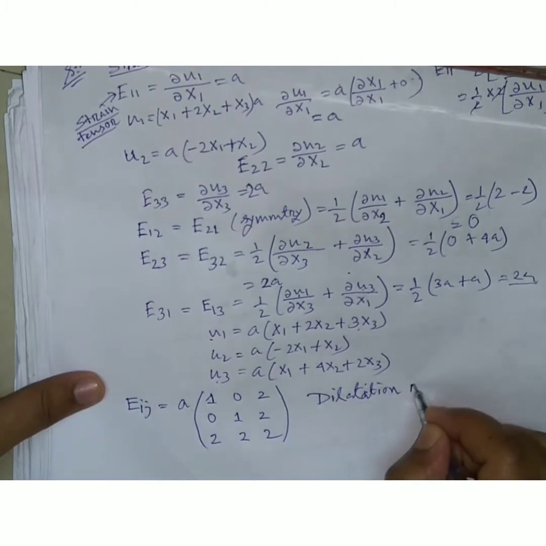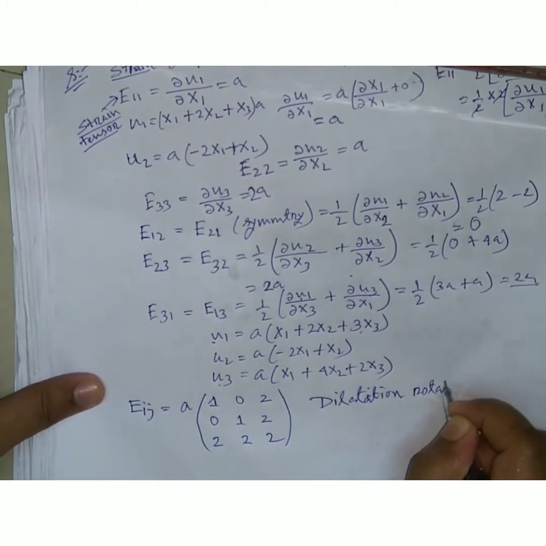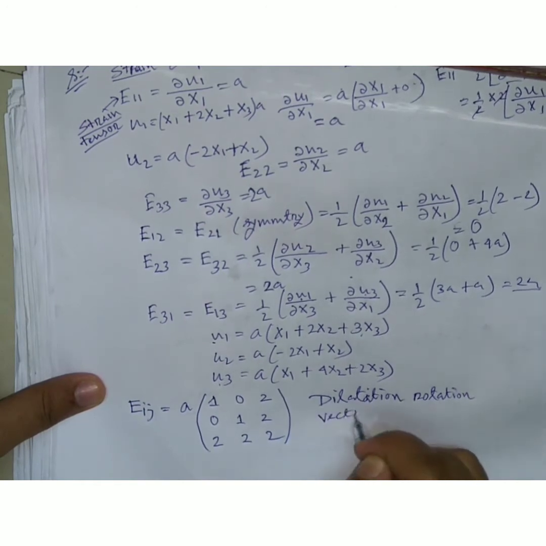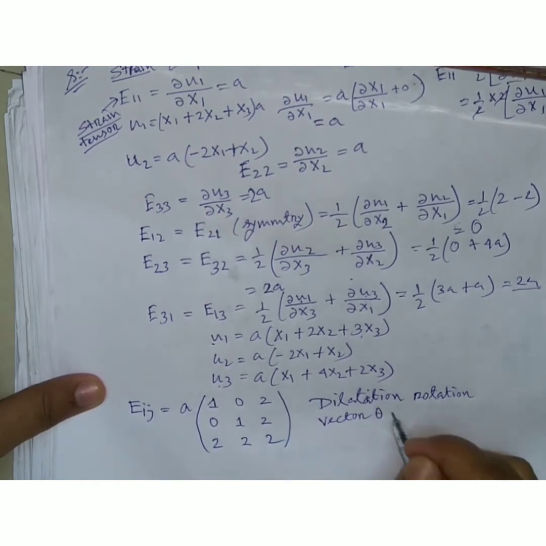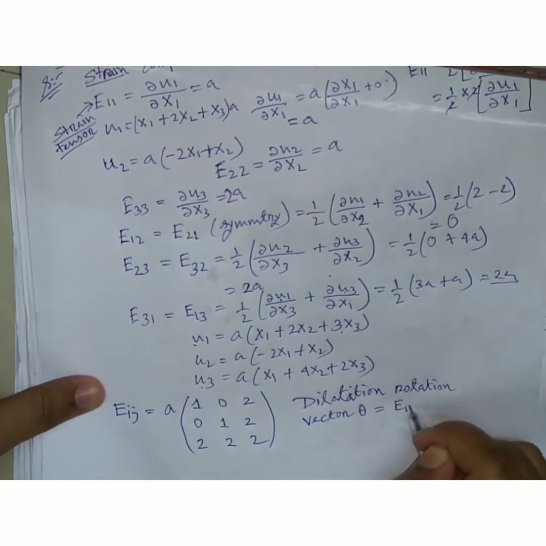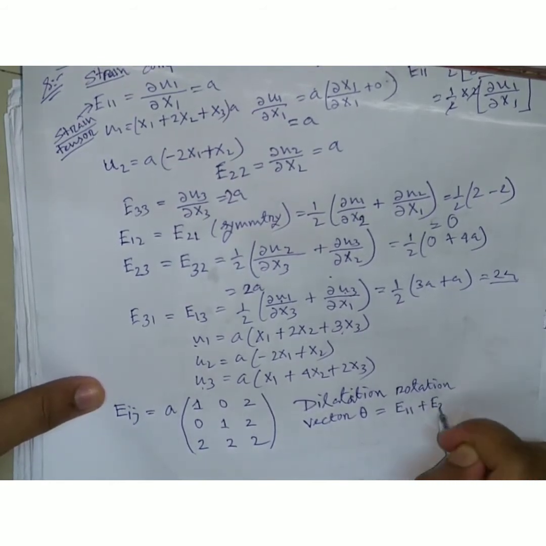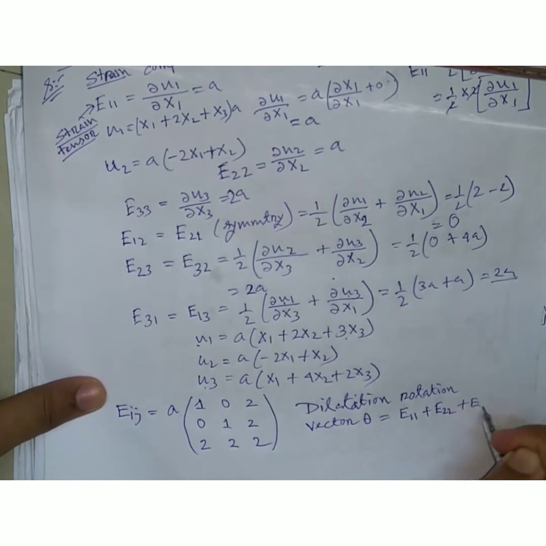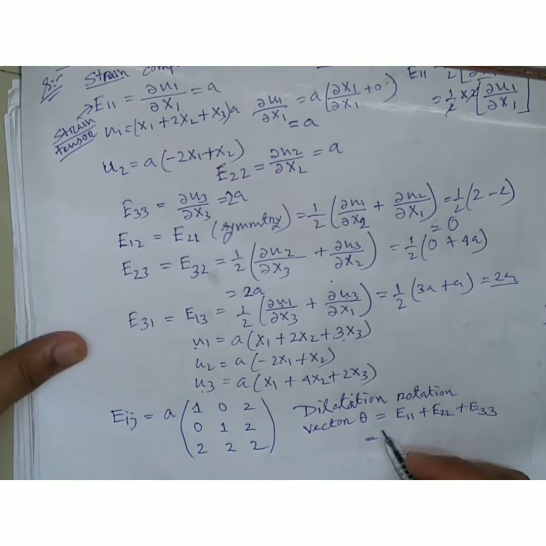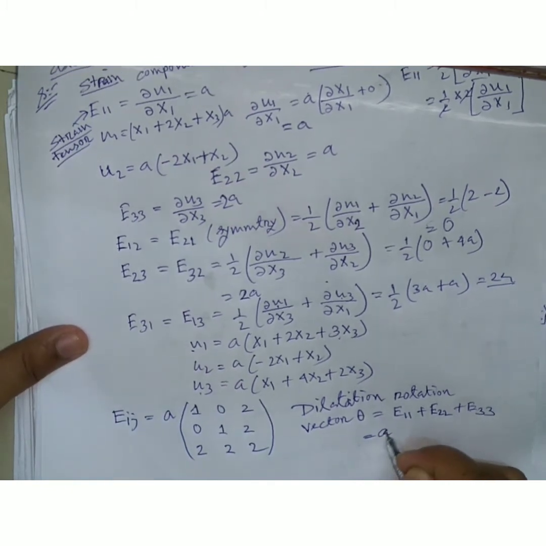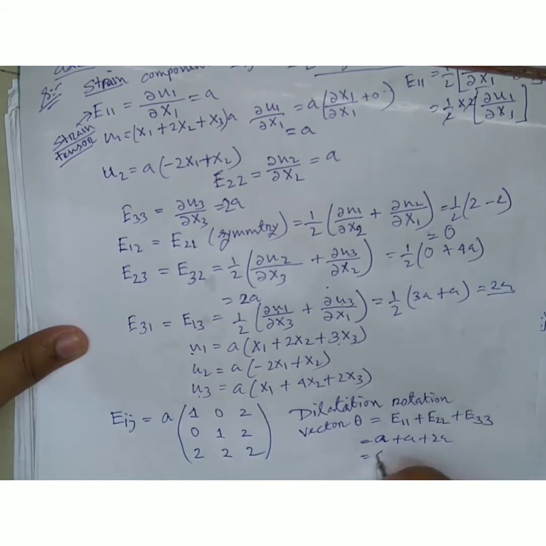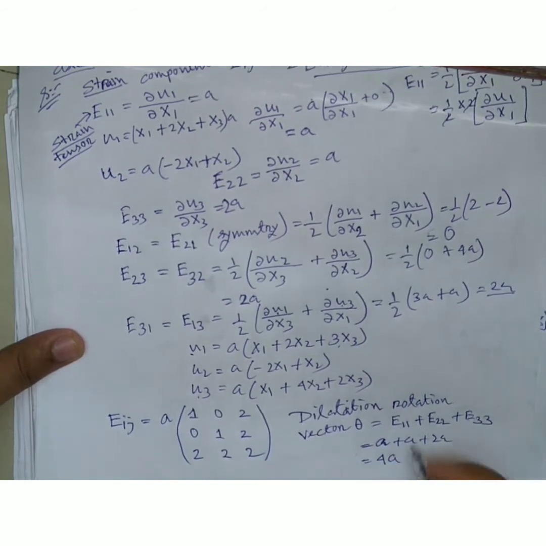Dilatation theta is equal to E11 plus E22 plus E33, which is a plus a plus 2a is equal to 4a.